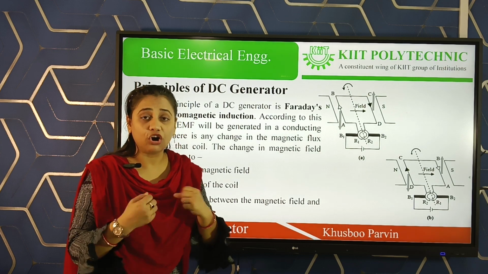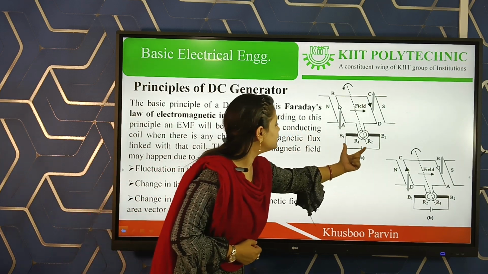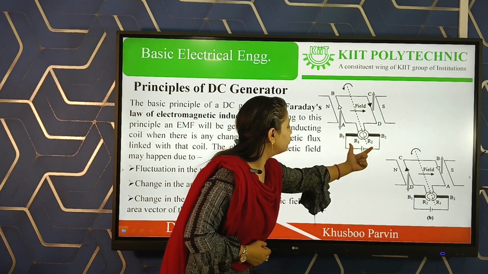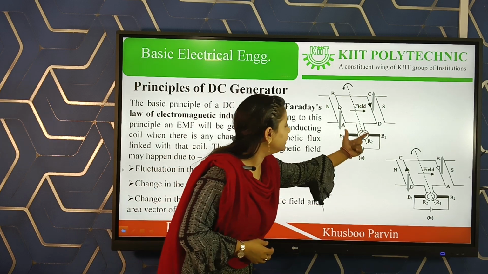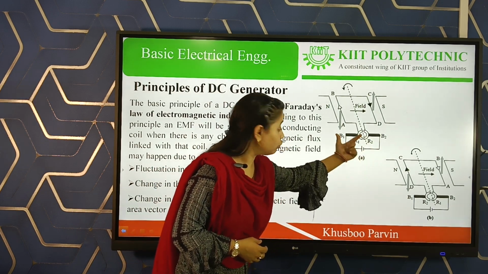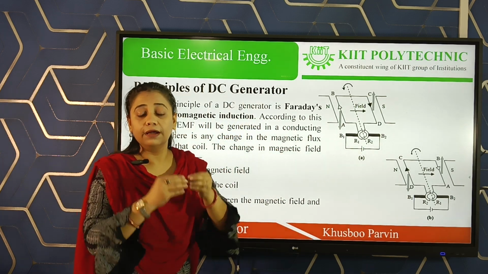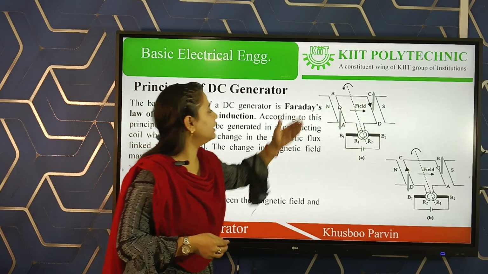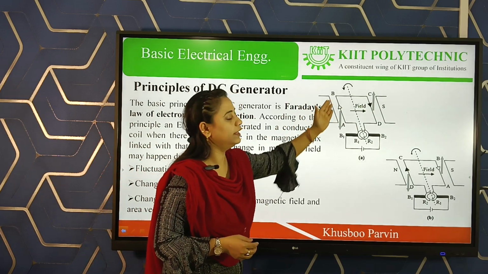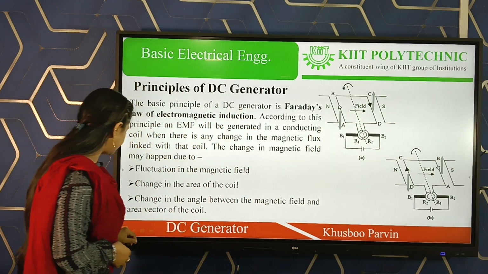As a result, according to Faraday's law of electromagnetic induction, an EMF is induced across the two ends of the conductor, and the amount of EMF induced depends upon the magnetic flux that links with the conductor placed between the North Pole and South Pole.